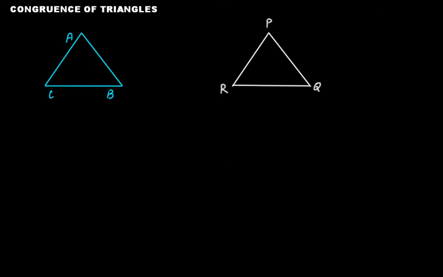Suppose we have these two triangles again, ABC and PQR, and it is said that these are of same size and shape.